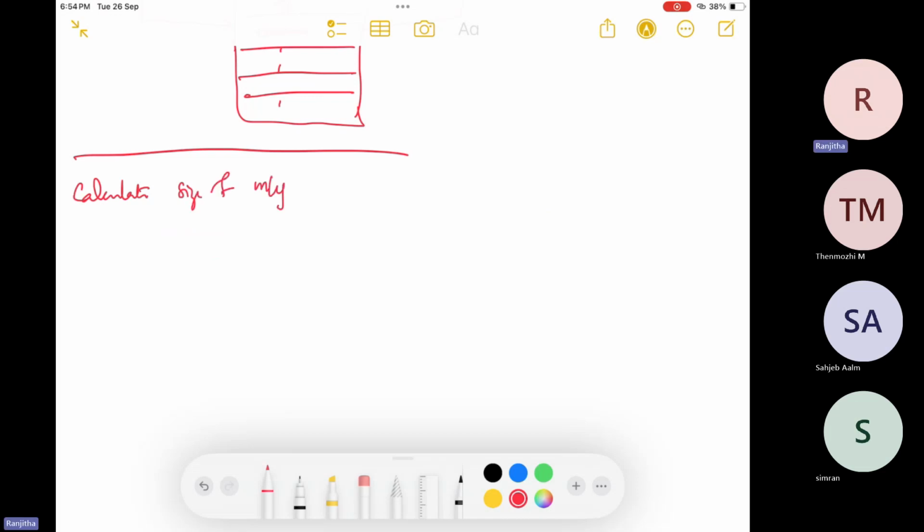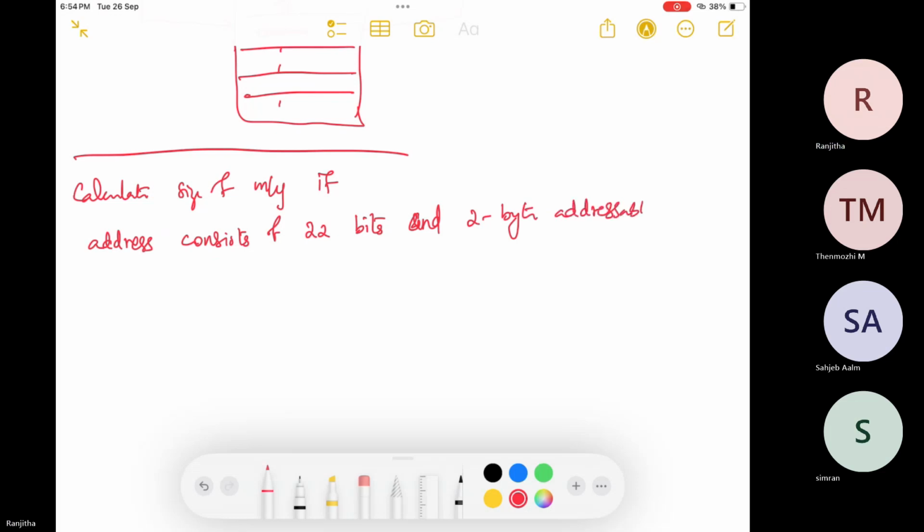So what does 2-byte addressable mean? It means that two bytes will have one address.